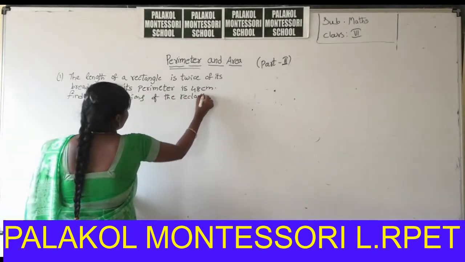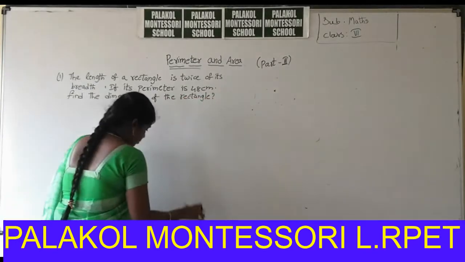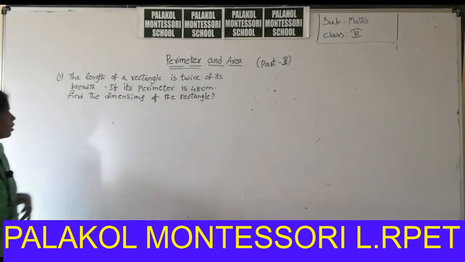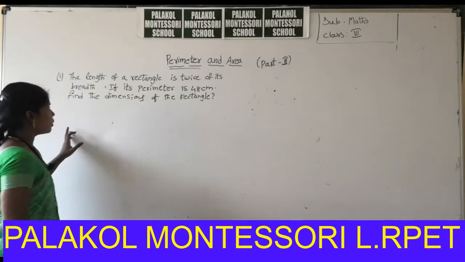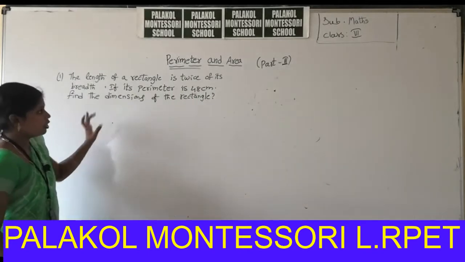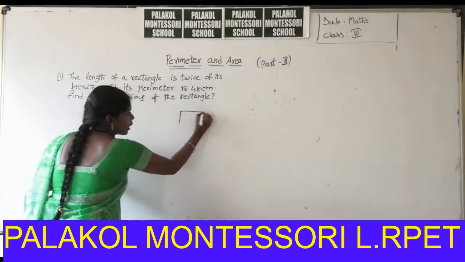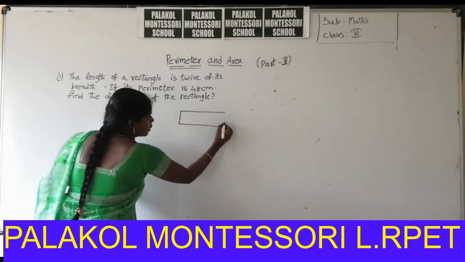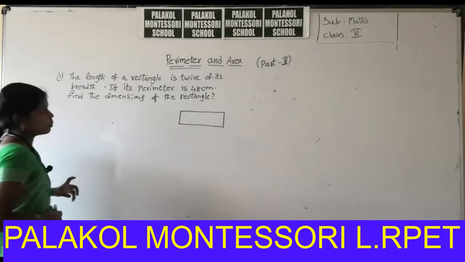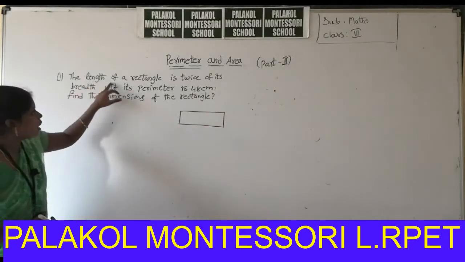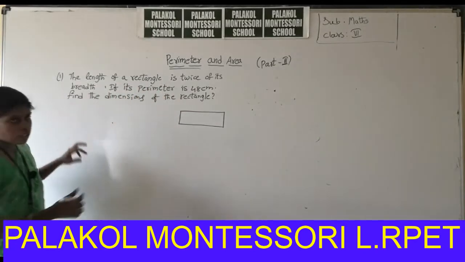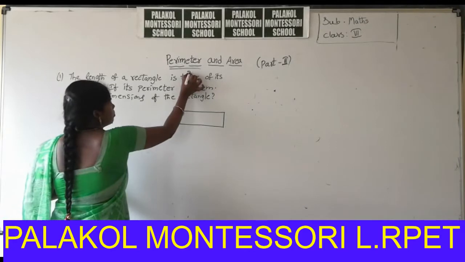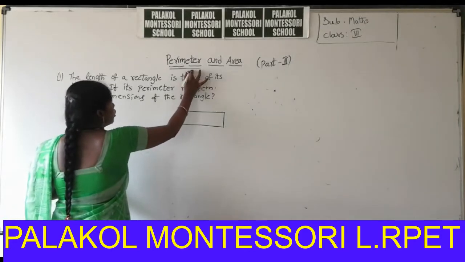So students, listen. The length of the rectangle is twice its breadth. In this question, we are discussing the rectangle shape. Twice means 2 times.